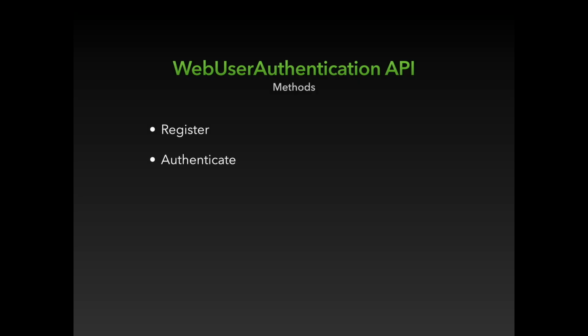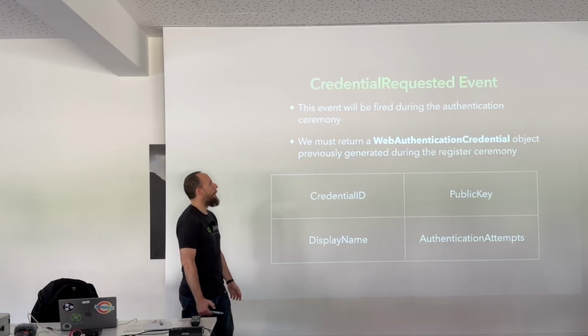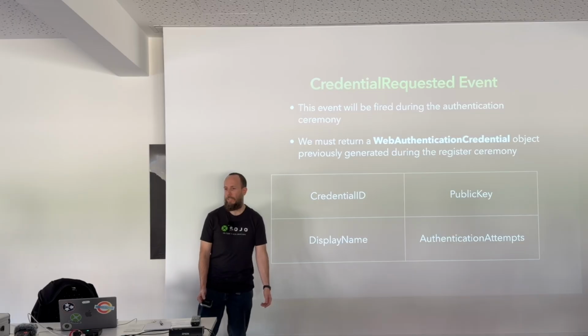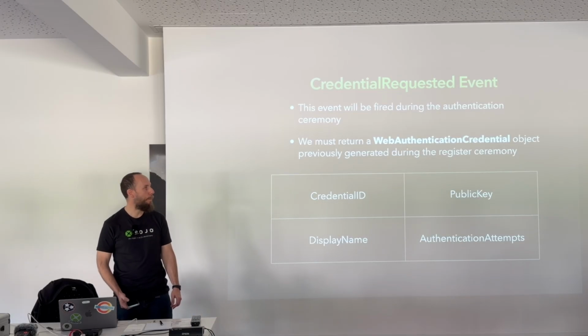We have only two methods, register and authenticate, to initiate the ceremonies, and only four events: registration succeeded, authentication succeeded, which are straightforward, error that could be happening on the registration or authentication, and another special event called credential requested event that's only happening during the authentication.